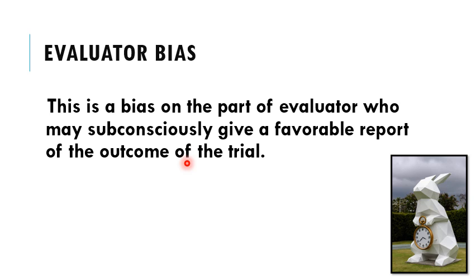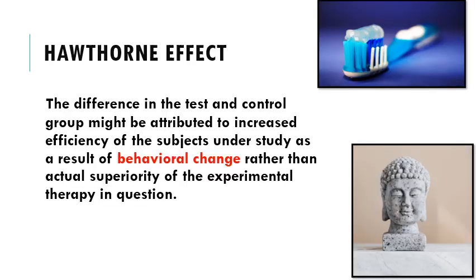Though negative results carry more value in science, mostly people want positive results. They feel that if there are no positive results, they have not found a treatment better than the previous treatment, and their research will not get value. So they create a bias there. They subconsciously give a favorable report. So this bias is very important, and how we can eliminate it will be discussed in a later slide.